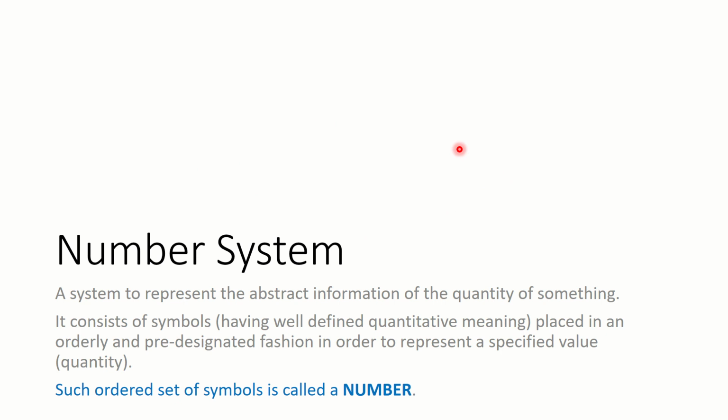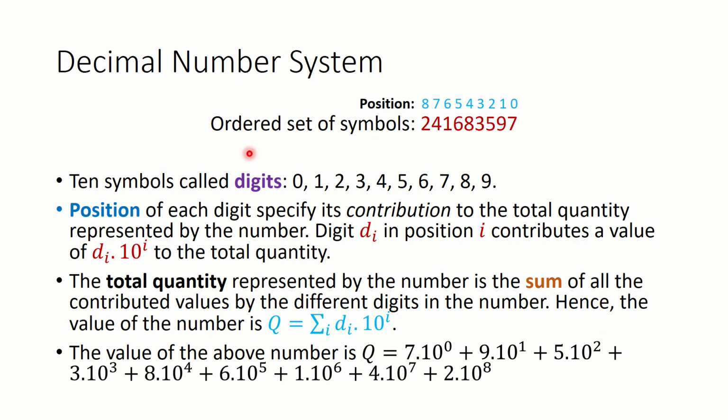So let us look at a number and understand what we are trying to say. So this is the number. So you can also see this now as an ordered set of symbols. So there are these symbols. This is a symbol, this is a symbol, this is a symbol, this is also a symbol.